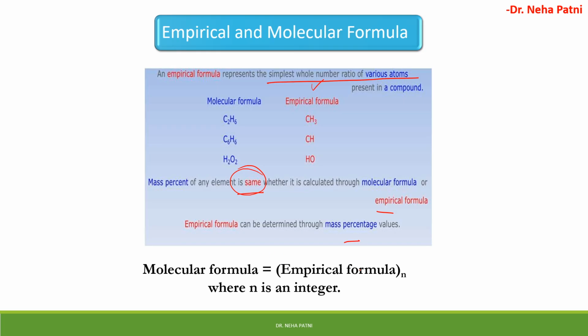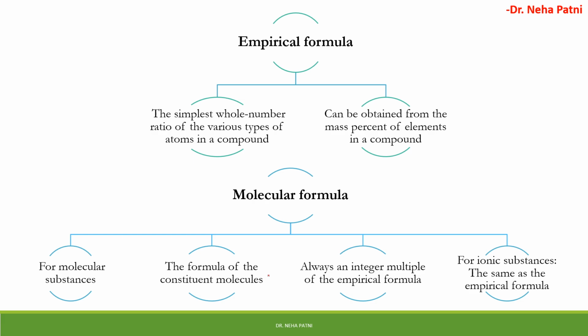So basically they are related by an integer. If you multiply a certain integer with the empirical formula, you will be able to get the entire molecular formula. N would be an integer for sure. So the empirical formula is basically the simplest whole number ratio of various types of atoms present in the compound, and it can be obtained from the mass percentage of elements.